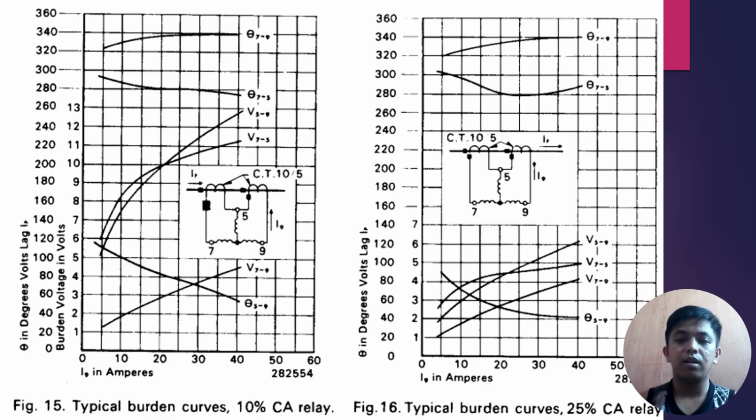Then, these graphs illustrate the burden voltage and phase angle characteristics for 10% CA relays and 25% CA relays as functions of current. As you can see, the voltage burden increases as the current increases through the relay.